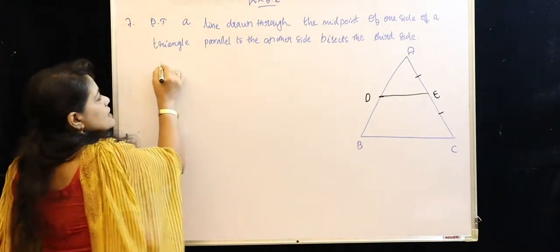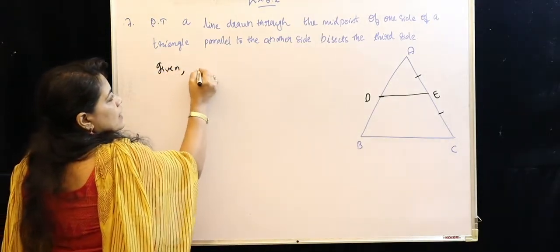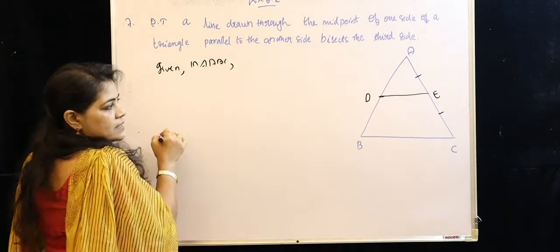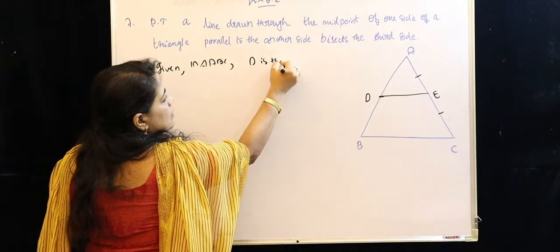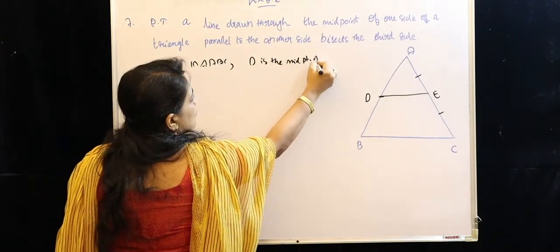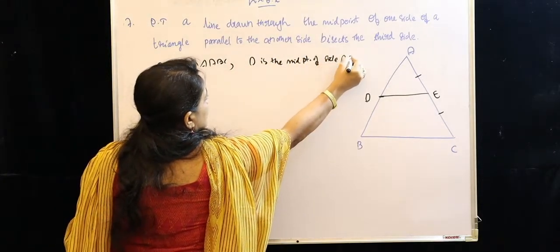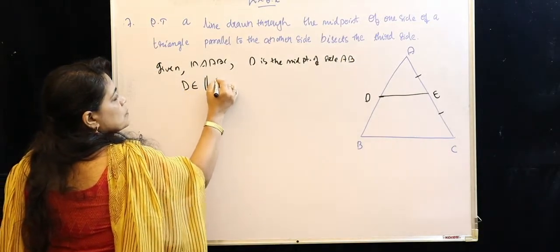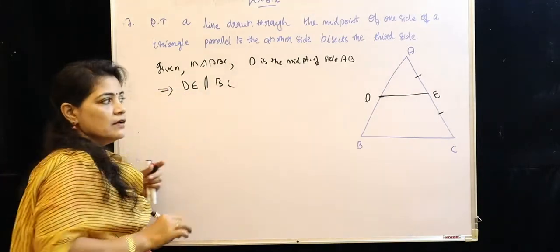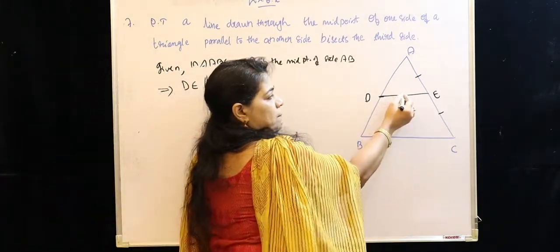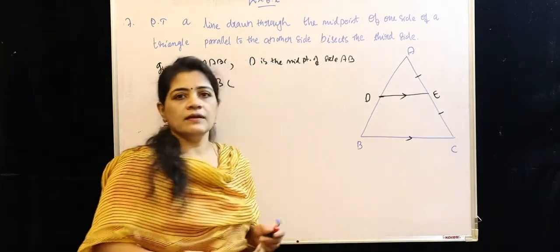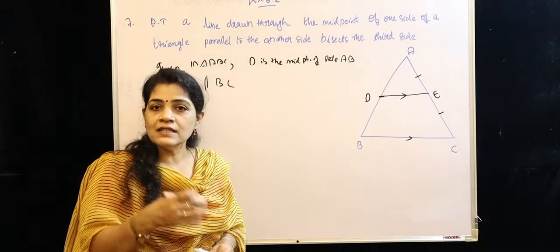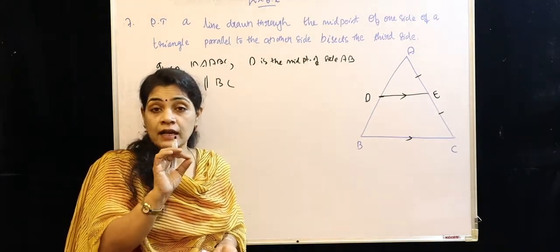In triangle ABC, D is the midpoint of side AB and DE is parallel to BC. This is given. We have drawn DE parallel to BC, so you can apply the basic proportionality theorem.